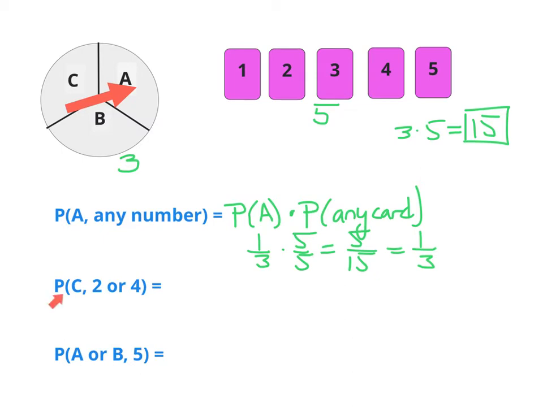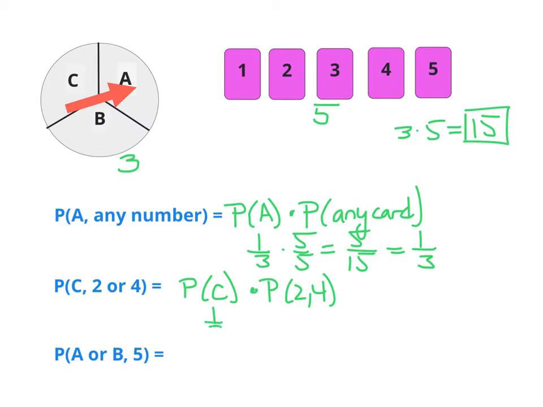What's the probability of spinning a C and pulling a 2 or a 4 from that deck of cards? So we want to know the simple probability of spinning a C on that spinner, and then the simple probability of pulling a 2 or a 4 out of that deck of cards. Well, the probability of a C would be 1 chance in 3 on that spinner.